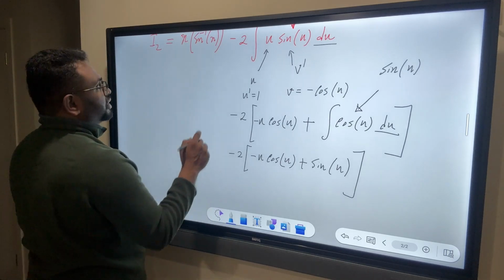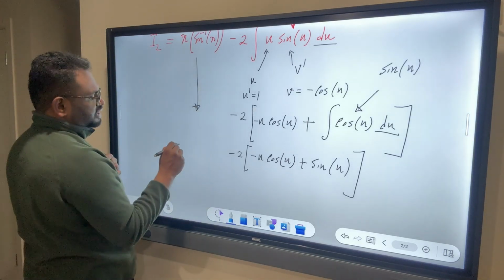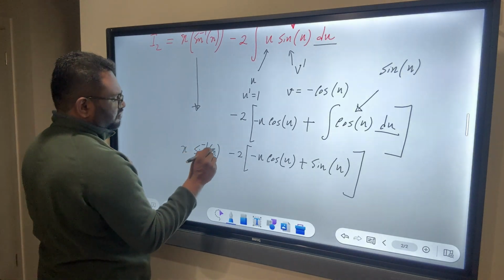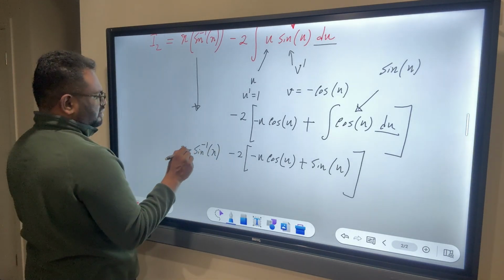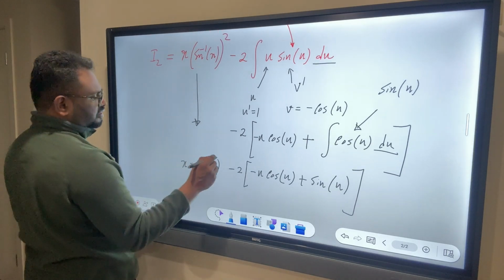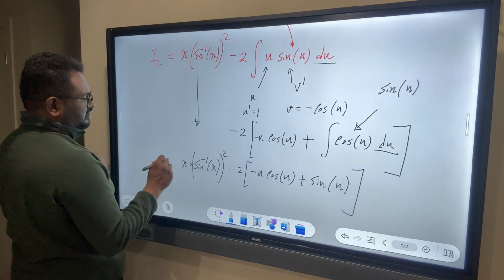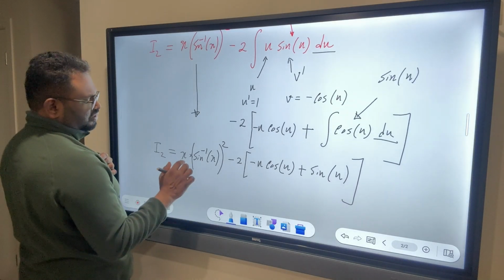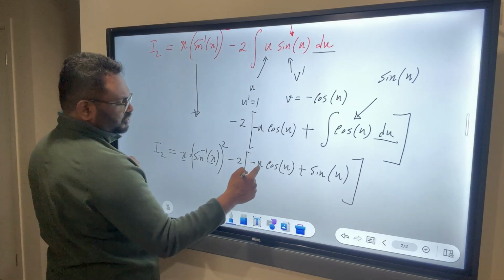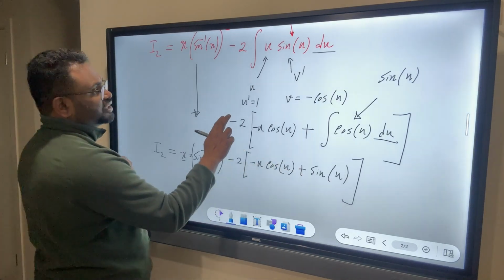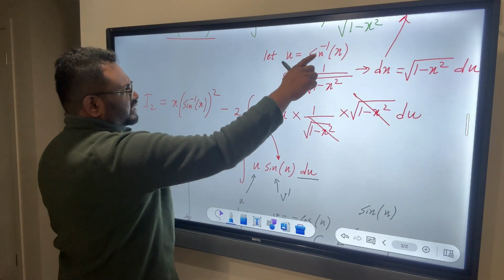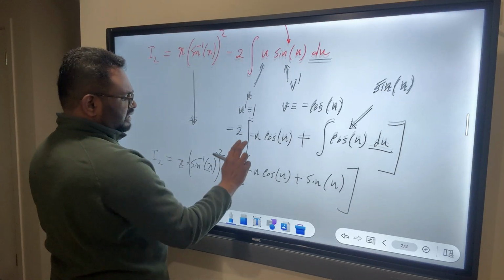So I'm going to copy this guy over here, which is x (sine inverse x) squared, and that is equal to I_2. Okay, so now you have x here, so you have to replace u by x. So what is my substitution here? My substitution is u is equal to sine inverse x. So I'm going to put that there.